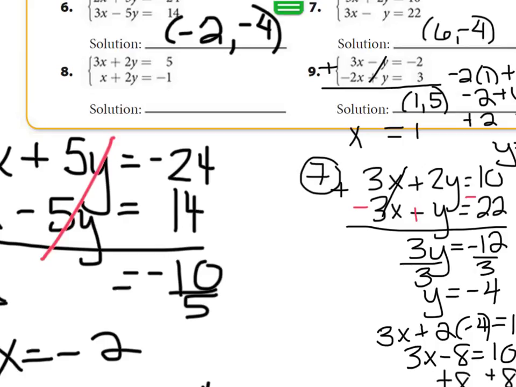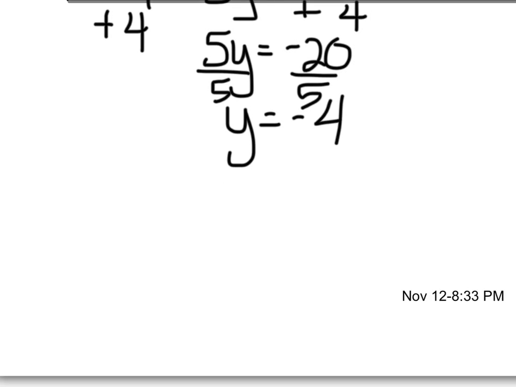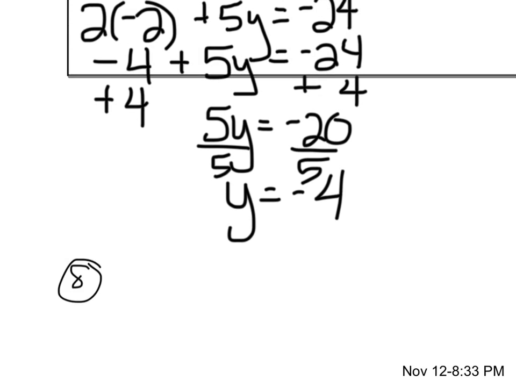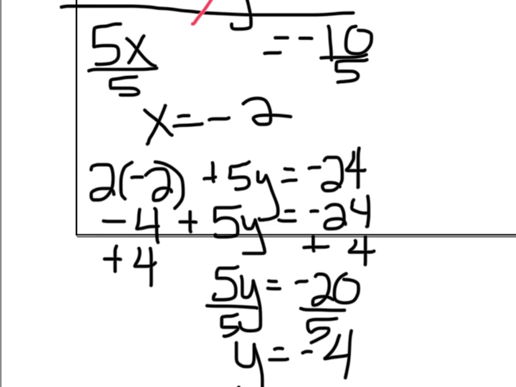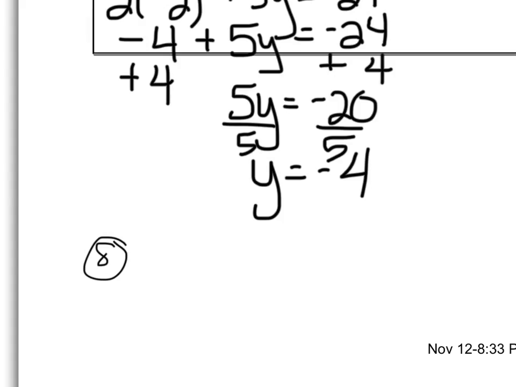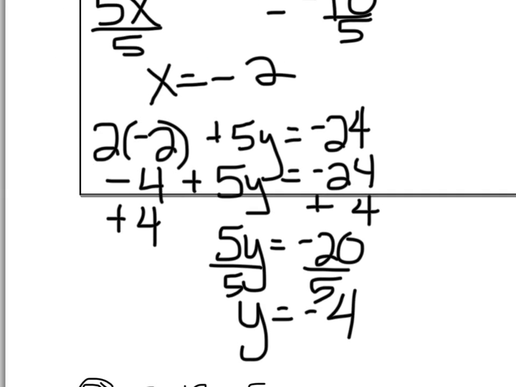All right, so you should have a solution to number 8, so let's go ahead and check it. I'm going to be scrolling all the way down here so I have some room to write on it. So the first equation in number 8 is 3x plus 2y equals 5. And the second equation, x plus 2y equals negative 1.